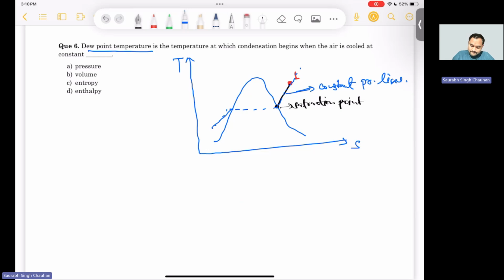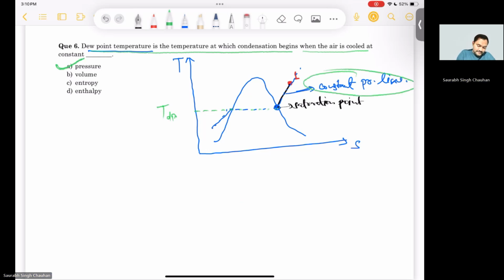So if you cool further, then condensation will start. So this temperature at which the condensation starts when you cool the mixture at constant pressure is called the dew point temperature. So dew point temperature is the temperature at which condensation begins when the air is cooled at what? Constant pressure, right? So constant pressure.